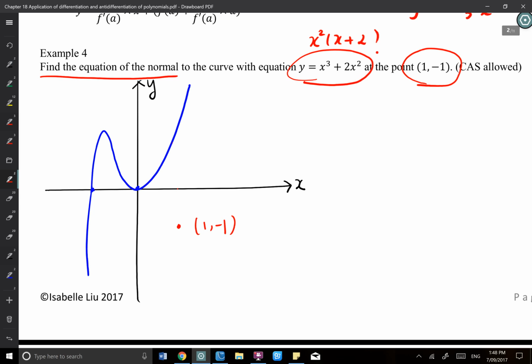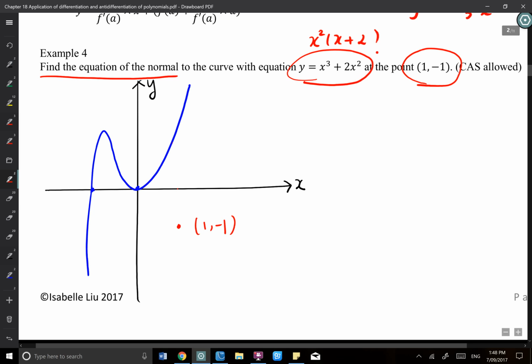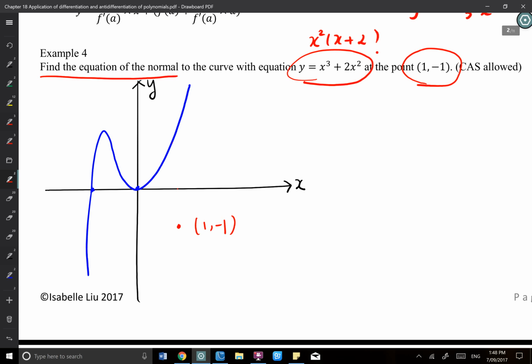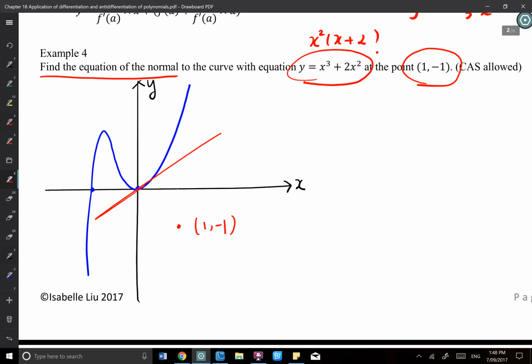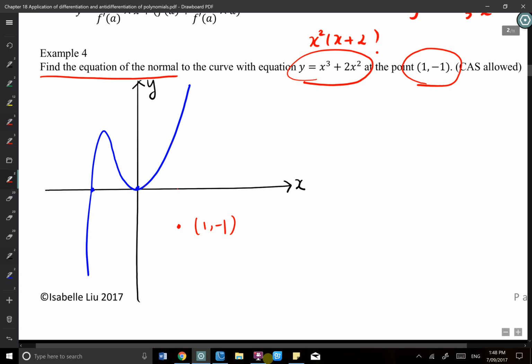But what I can do is sketch a graph for you. I'll just sketch it here. Can't find a good way to sketch it.